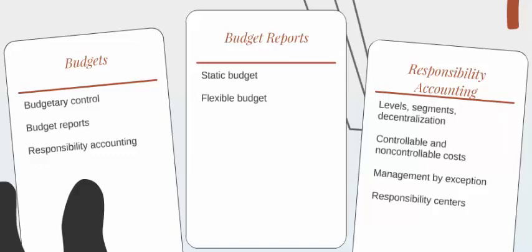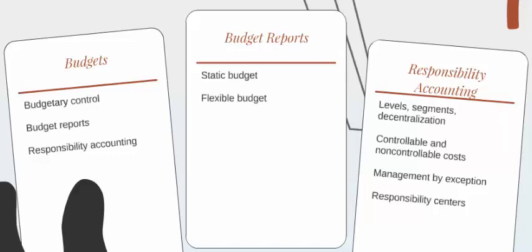Okay? Now, responsibility accounting, and I'm just going over these briefly. Look through for some examples, but that's really the difference. And with both the static budget and the flexible budget, again, you're going to have the budget amounts, what you budgeted, what you thought you were going to have, your estimates for the period, and then you can compare that to the actual numbers that you had for those. And then you're going to be able to see the variance.